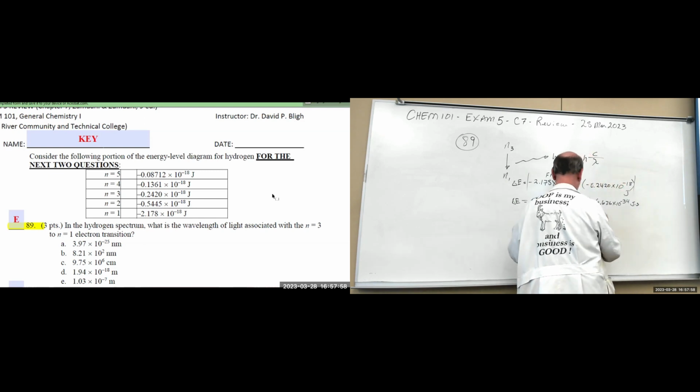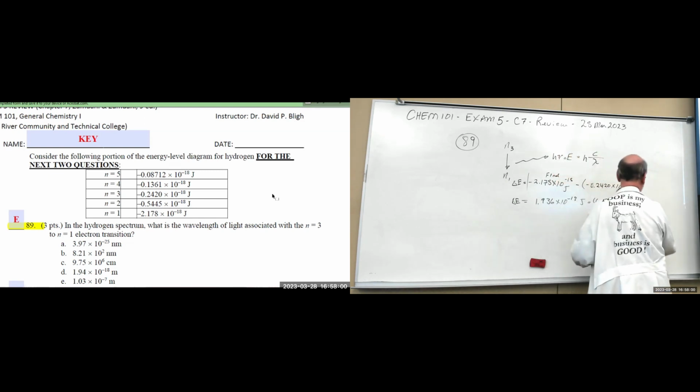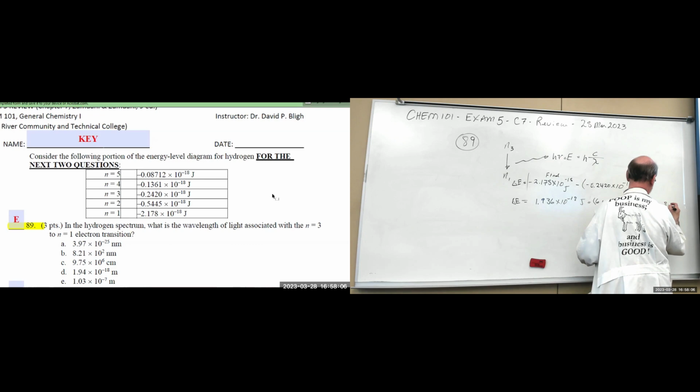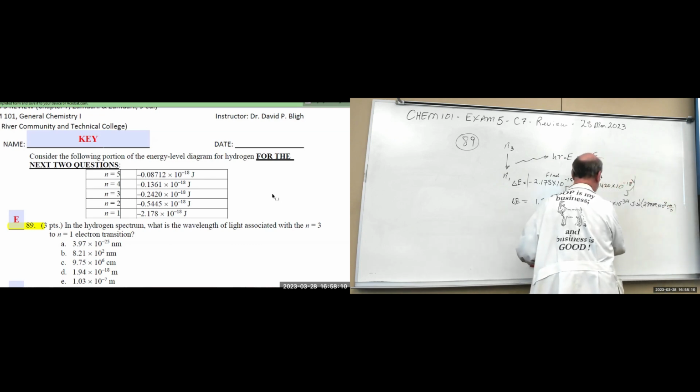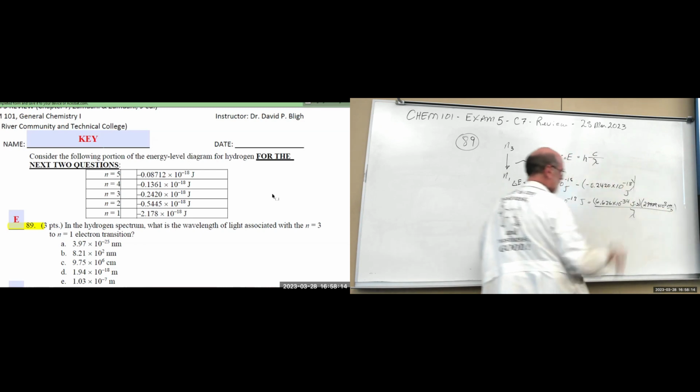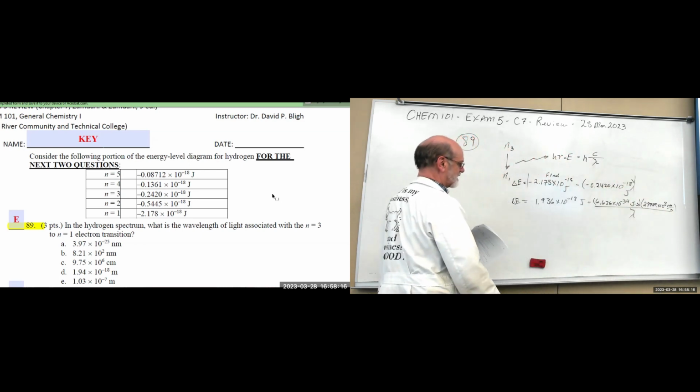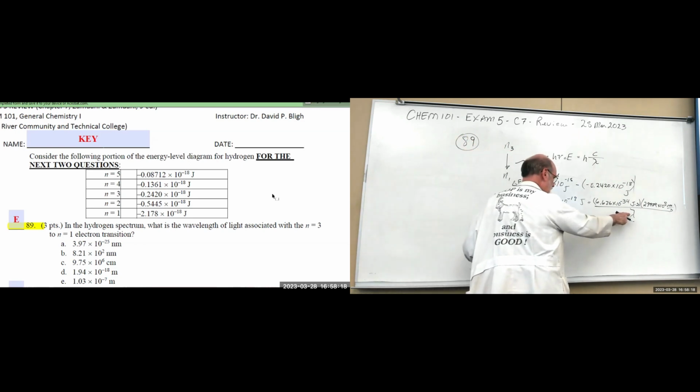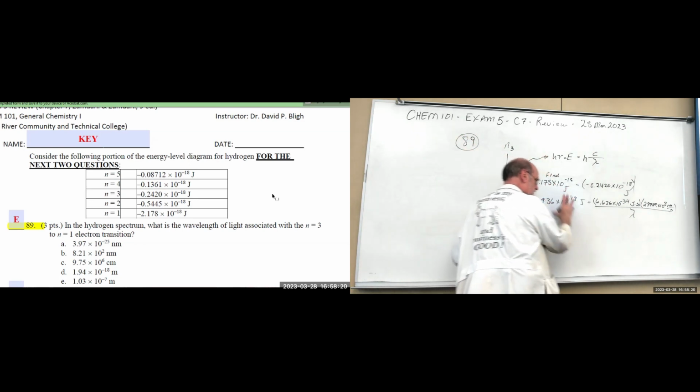Right. Times the speed of light, 2.9979 times 10 to the 8th. I almost did it again. Meters per second. Divided by the wavelength. That's our unknown. Right. So we solve for the wavelength. Wavelength comes over here. Energy goes down here.